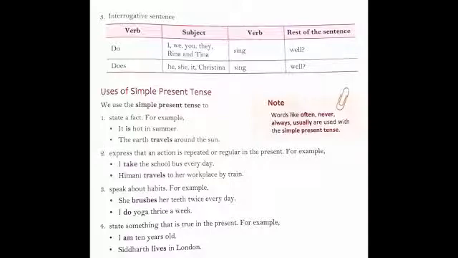Now the third one, speak about habits. I already told you that simple present tense tells us about actions that are done regularly or as a matter of habit. Here are some examples. She brushes her teeth twice every day.